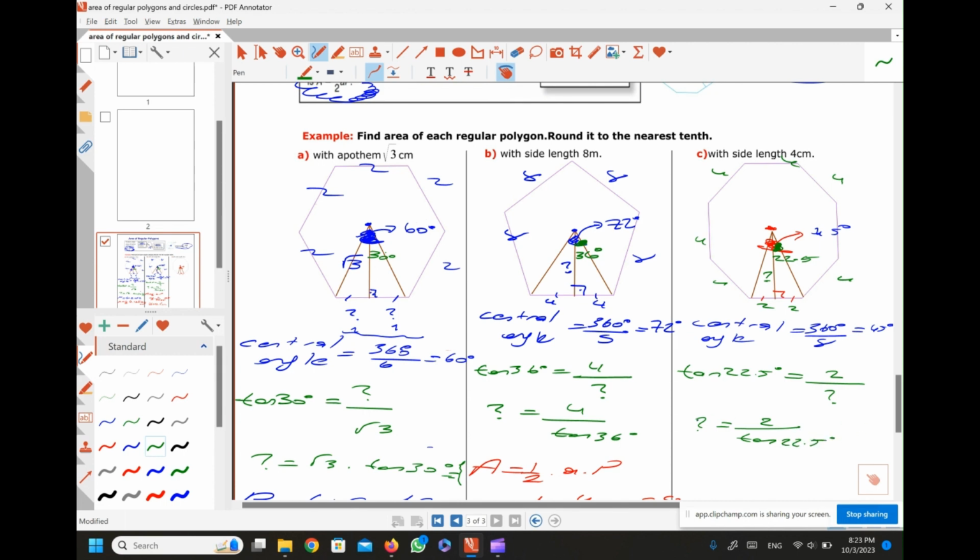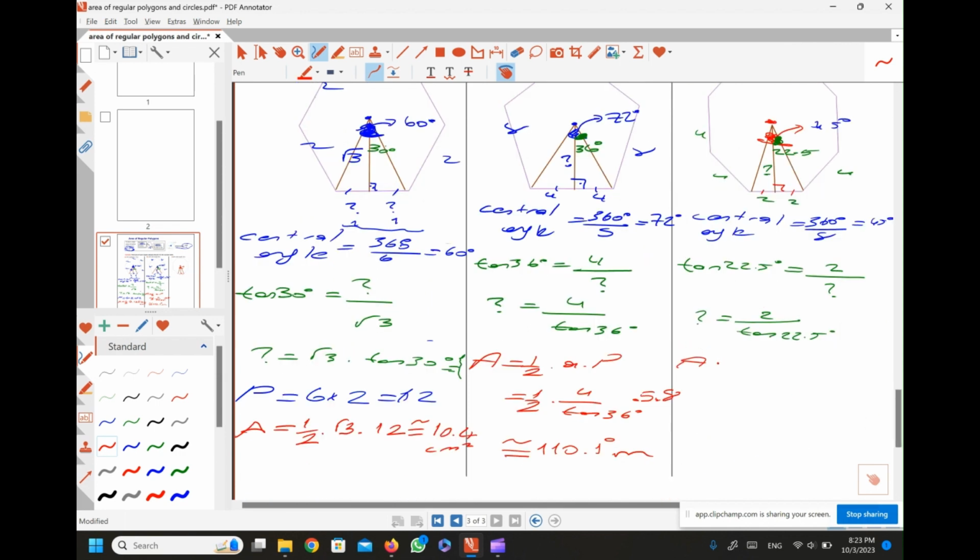You're going to get a decimal, so do not calculate this at first. Just wait and write it down into the formula. Plug everything back into the formula. So area is 1 over 2 times the apothem, which is 2 over tangent 22.5 degrees, multiplied by the perimeter.